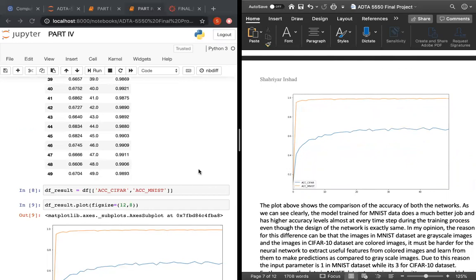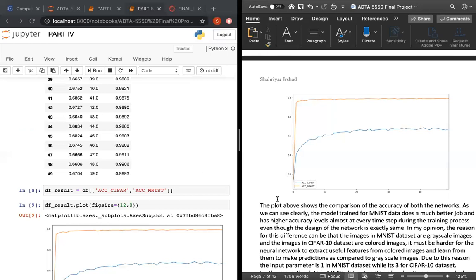In my opinion, this difference is mainly because the MNIST dataset consists of grayscale images, whereas the CIFAR 10 dataset consists of colored images, and it can be difficult for a neural network to learn and extract features from a colored image as compared to a grayscale image.